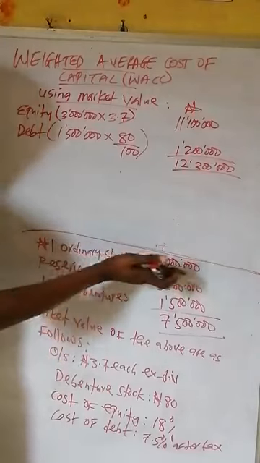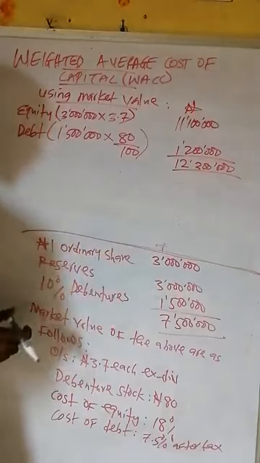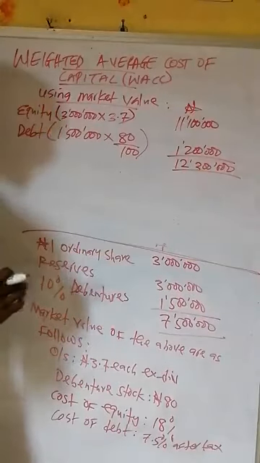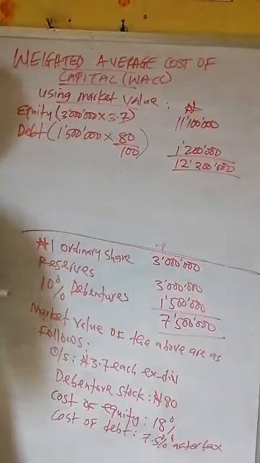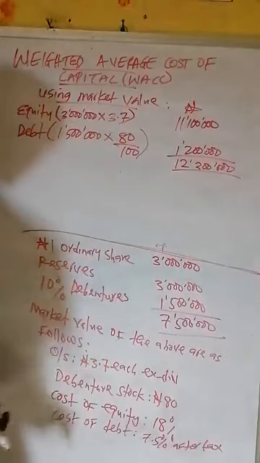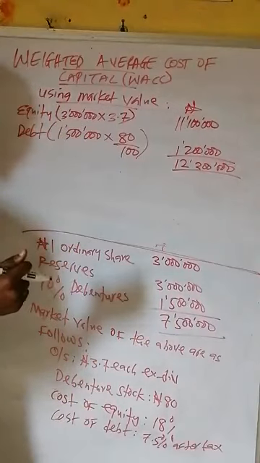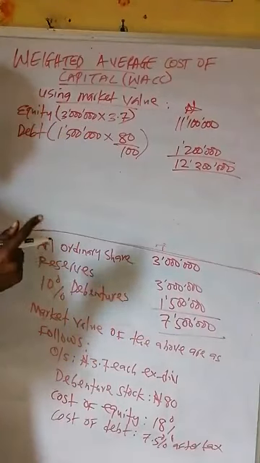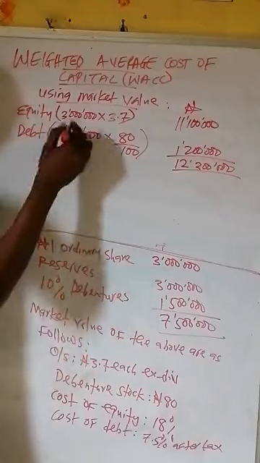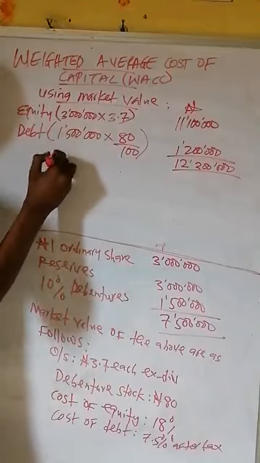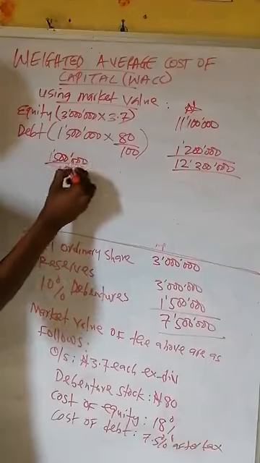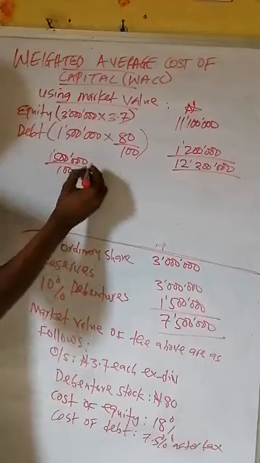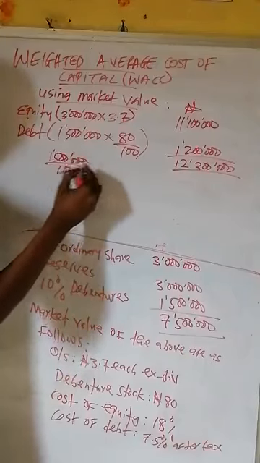But because it is 1 naira, we also have 3 million naira here for ordinary share. But in the case of the debenture, the unit is sold for 100 naira. So how many units did he buy? Invariably you are saying 1,500,000 divided by 100, in order to know the units you bought. So what are you going to have? This will cancel this.